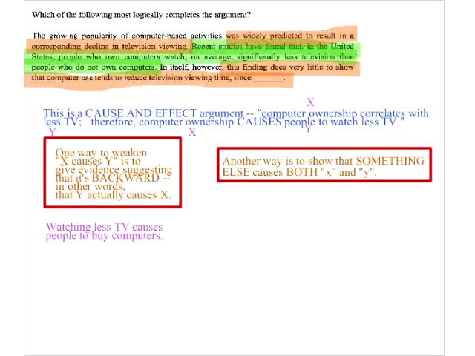This is not totally ridiculous, but it is not very reasonable. There are things that might randomly make people watch less TV, but the idea that this would cause people to go out and purchase computers as an alternate form of entertainment seems a little bit far-fetched.